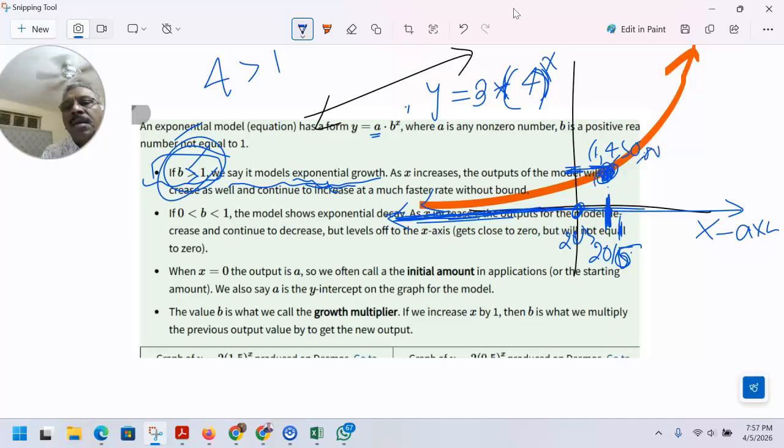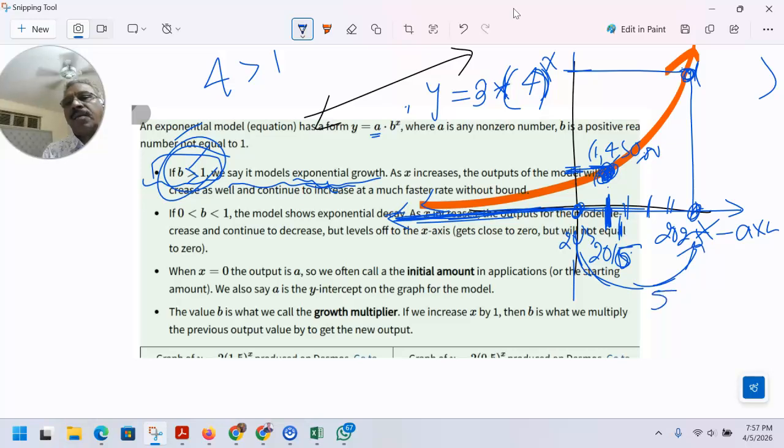Then in 2025, meaning 1, 2, 3, 4, and 5, at this point the population may be 740. So this is how it is. You'll be given 2 points. That's what it means. From 2015 to 2025 is 5 years, so even though this is 2025, when we are writing the input, we will take the 5.